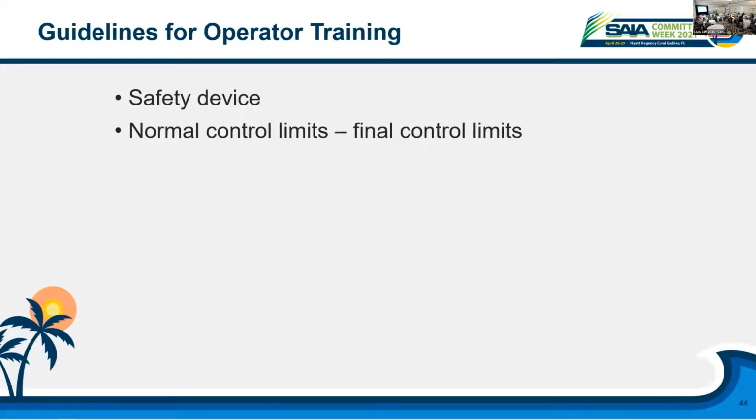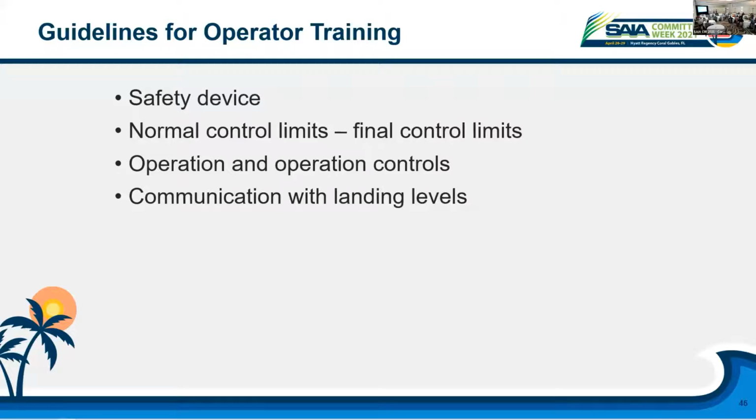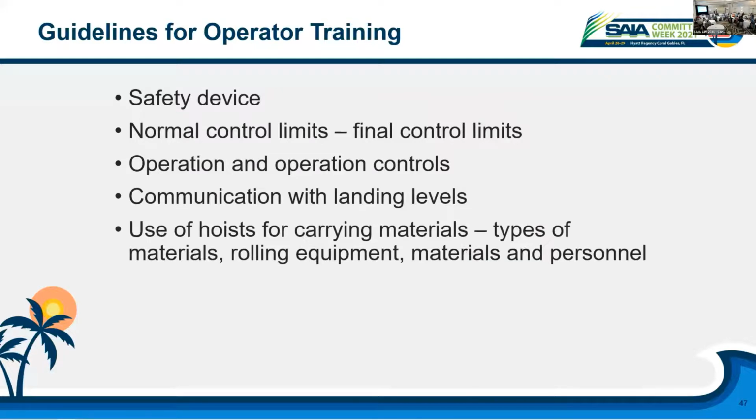So those are all things that should be required during training. And then you get into your normal control limits, your final limit, your up limit, your down limits, how to operate, what are the normal controls used every day? How do you communicate with the landing levels? That's got to be discussed, have to have a plan in place.